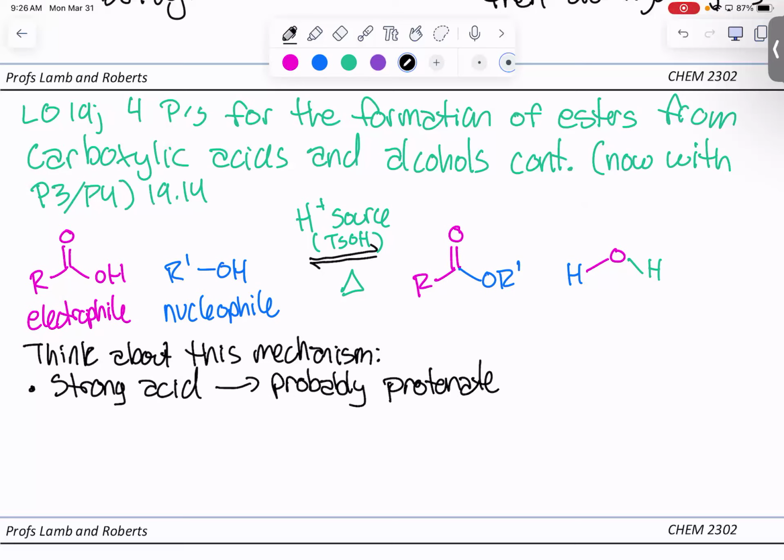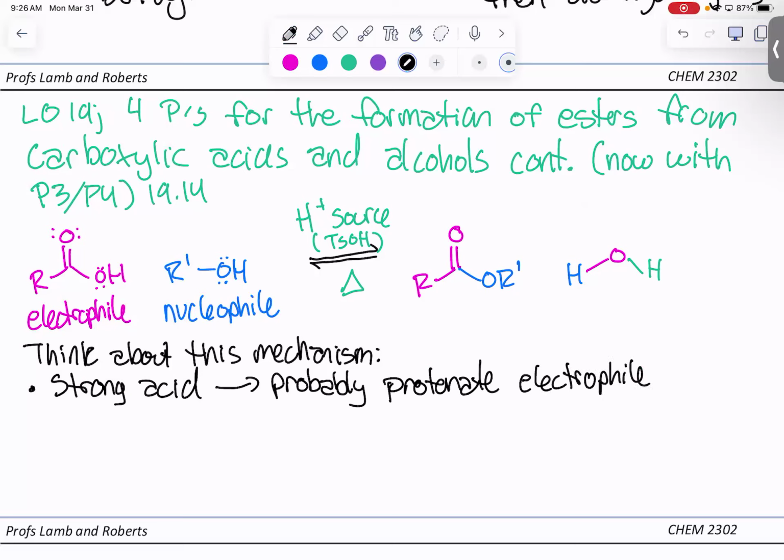We have two choices to protonate. We could protonate our carboxylic acid. We see we have lone pairs, for example, on this carbonyl oxygen, and the two lone pairs on the oxygen of the OH group. We also have lone pairs of electrons on our OH group, our nucleophile. But if our nucleophile gets protonated, it's no longer nucleophilic. That really helps us narrow down the fact that we're going to make a stronger electrophile by protonating our electrophile. So let's add that: probably protonate electrophile.